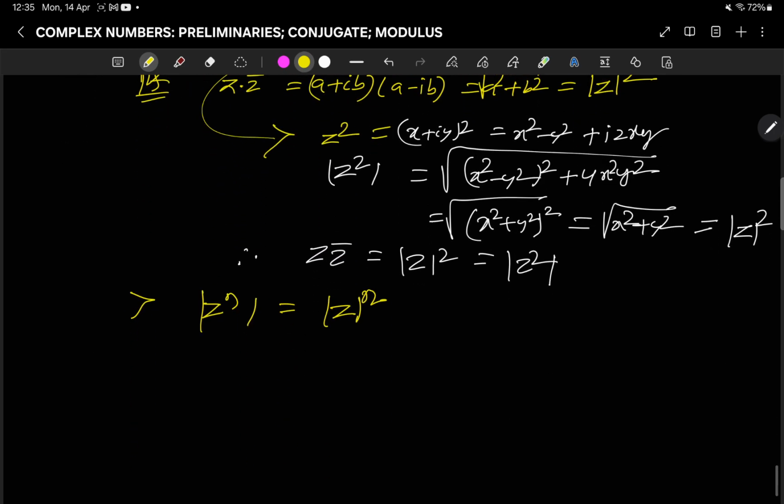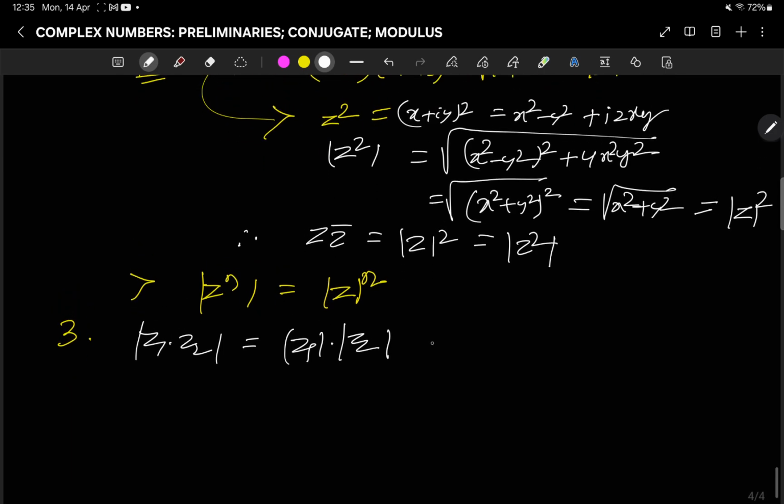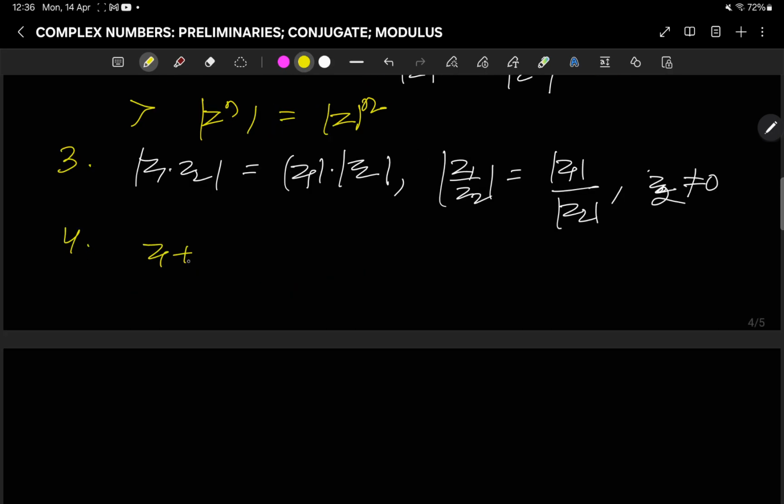Then coming to the next property number 3, z1 into z2 mod is z1 mod into z2 mod. z1 by z2 mod is z1 mod divided by z2 mod, where z2 is not equal to 0, right? Coming to the fourth property, z1 plus z2 modulus square is equal to z1 modulus square plus z2 modulus square plus twice real part of z1 z2 conjugate.